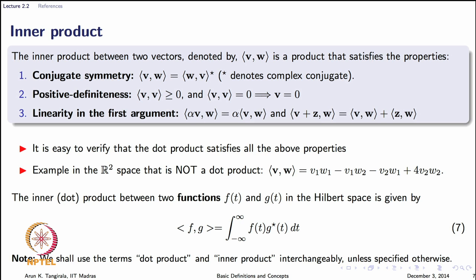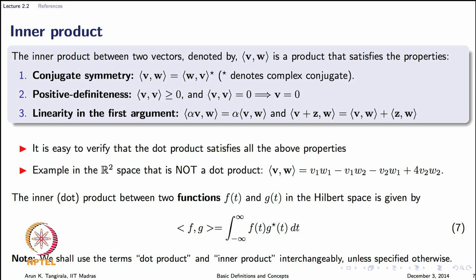So the inner product between two vectors is a product that has to satisfy these properties known as conjugate symmetry. Conjugate because we want to take into account complex valued vectors. Positive definiteness, which means the inner product of a vector with itself has to be non-negative, and if it is 0, then it can only occur under trivial conditions, and it has to satisfy linearity.